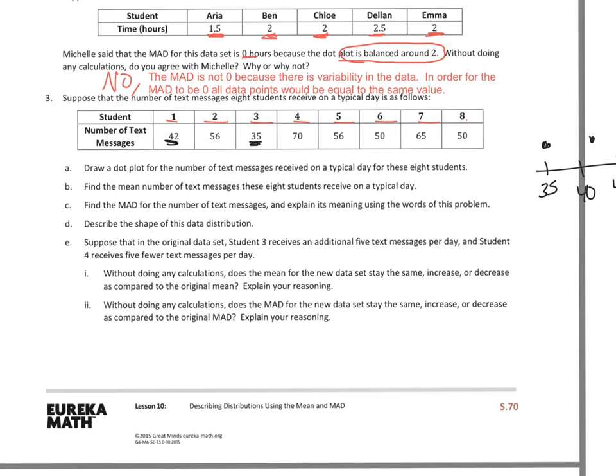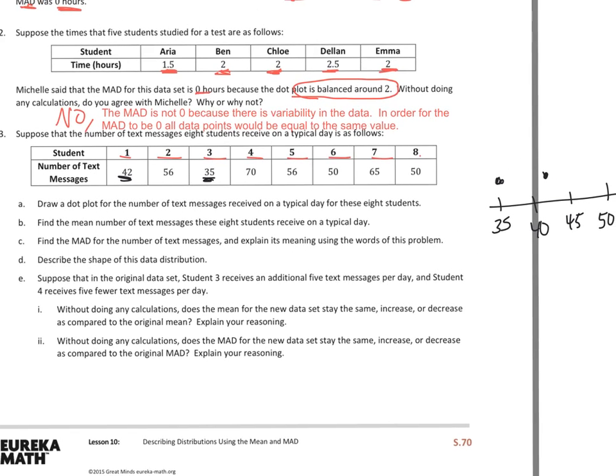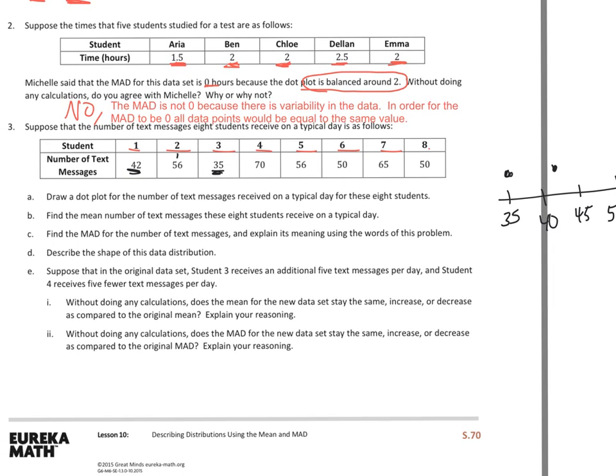Find the mean number of text messages these 8 students receive on a typical day. So what I first have to do is take all of these and add them up to find the mean. So I'll add 42, 56, 35, 70, 56, 50, 65, and 50.